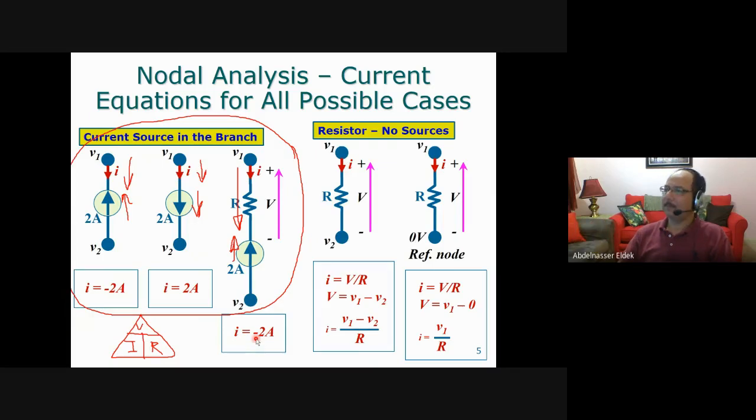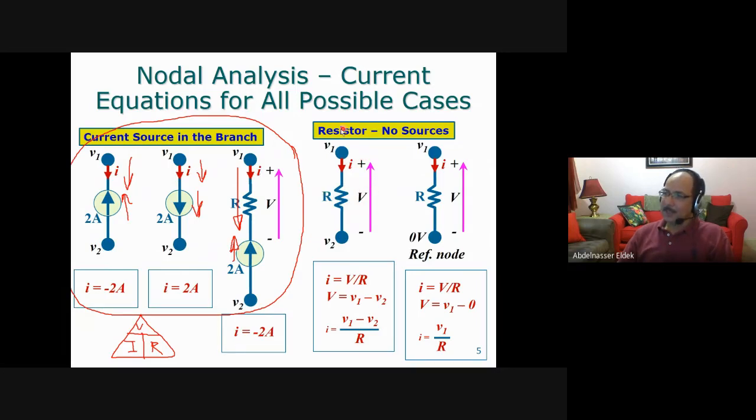So if I have, for example, an example like this one here, I want to calculate this I. How do I calculate I? I equals V divided by R. This is Ohm's law. I know this, but what is the value of V?